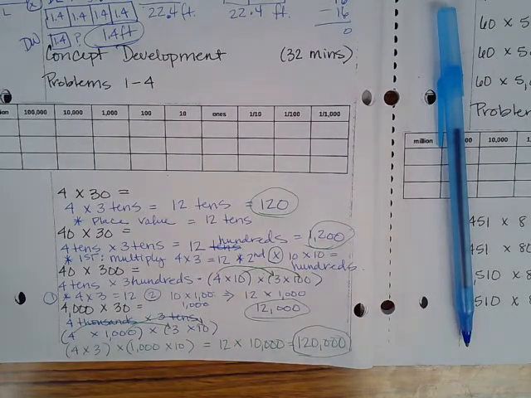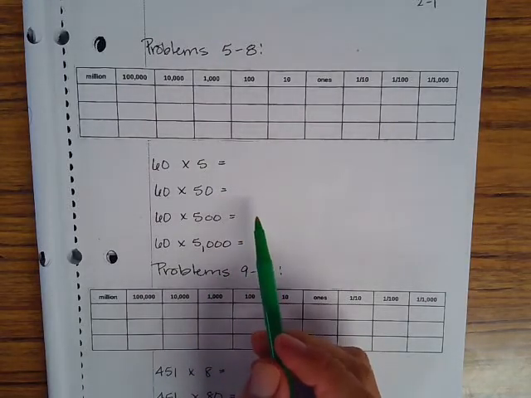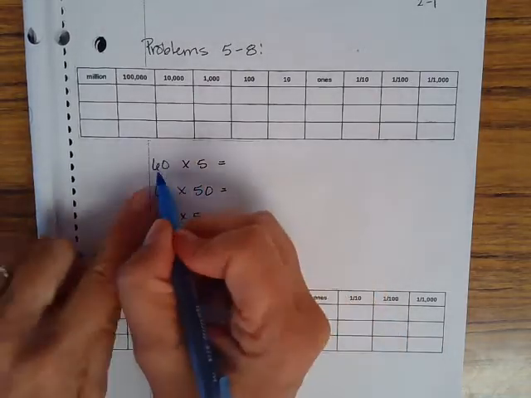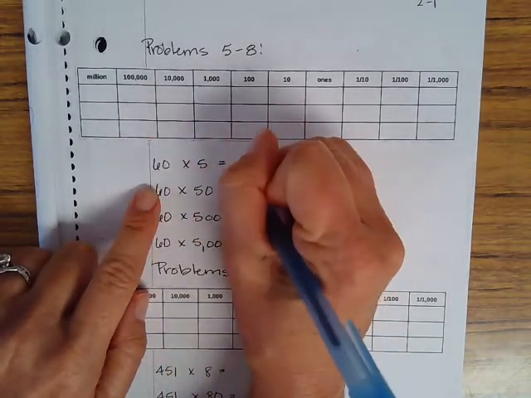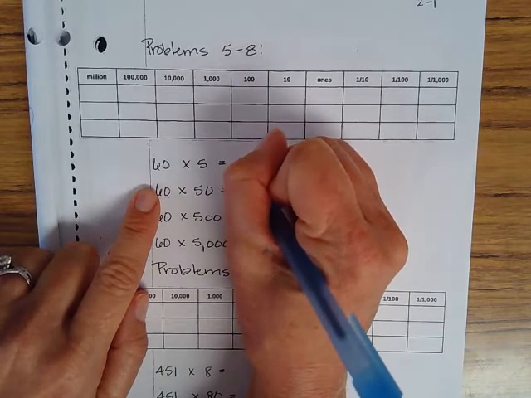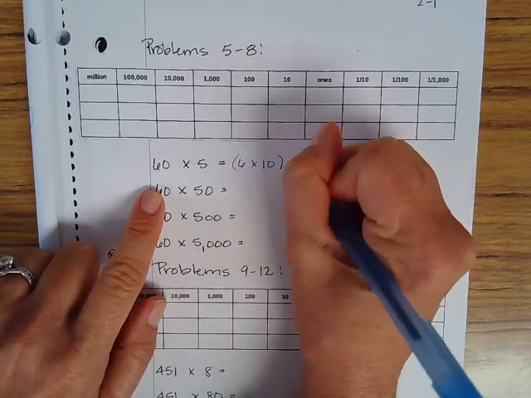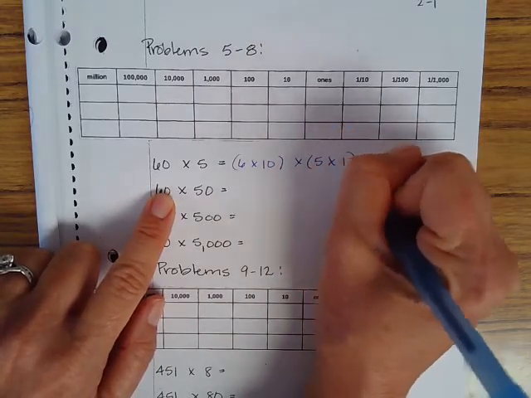All right, give me a thumbs up and let me know how you're doing on this idea. All right, so now let's take this. So let's go 60 times 5, which is really the same as 6 times 10 times 5 times 1.